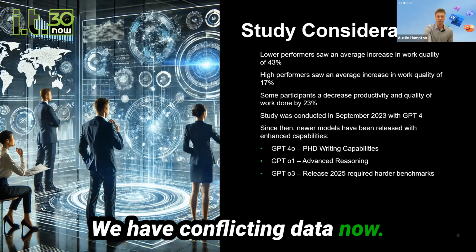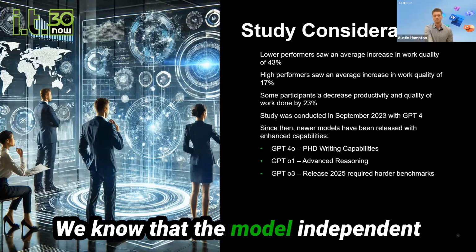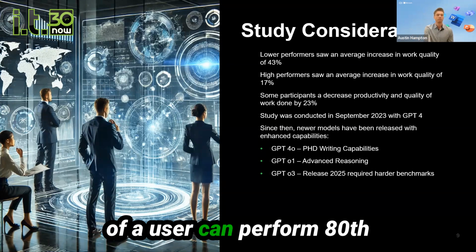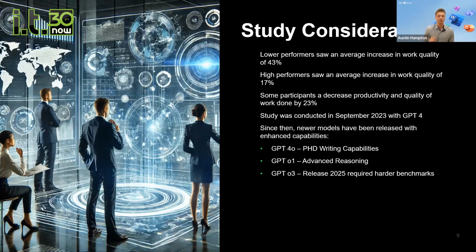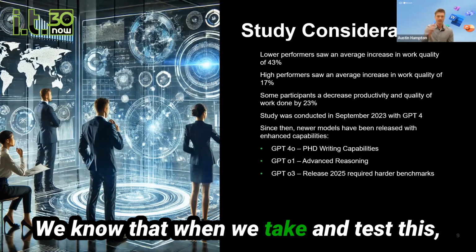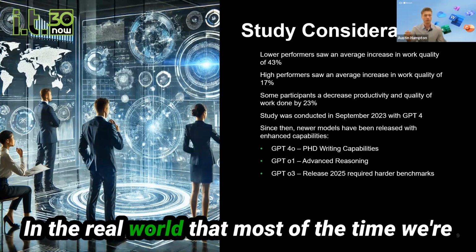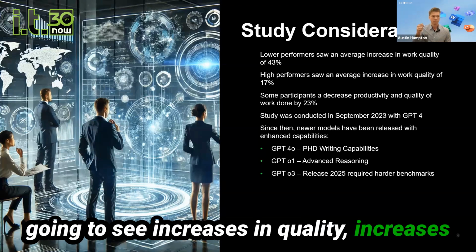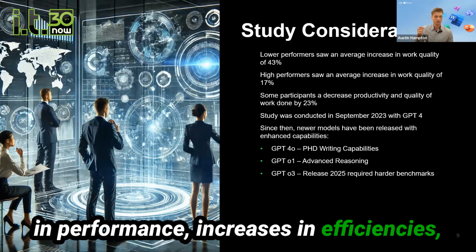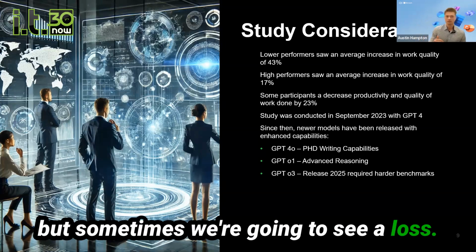We have conflicting data now. We know that the model, independent of a user, can perform at the 80th percentile at any given skill. We know that when we test this in the real world, most of the time we're going to see increases in quality, performance, and efficiencies, but sometimes we're going to see a loss.